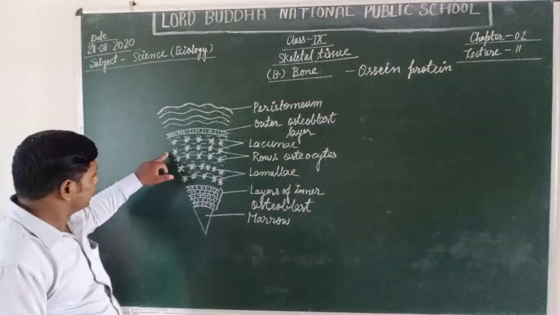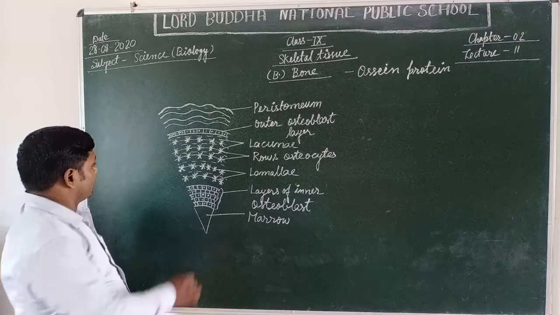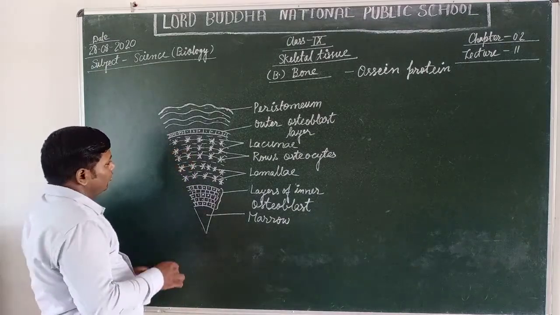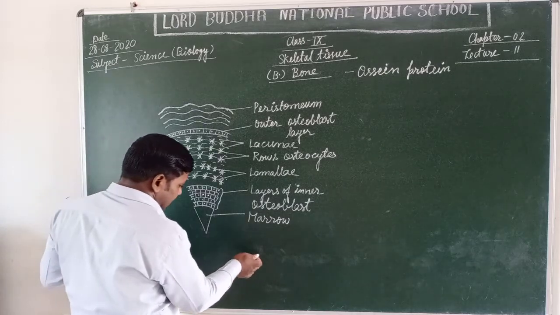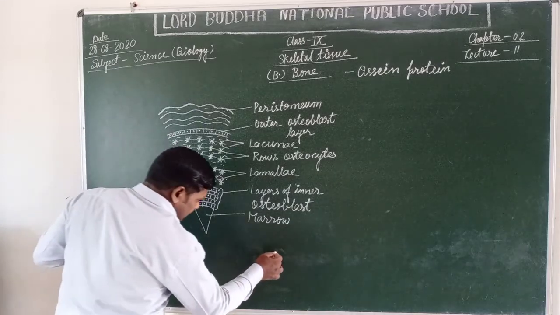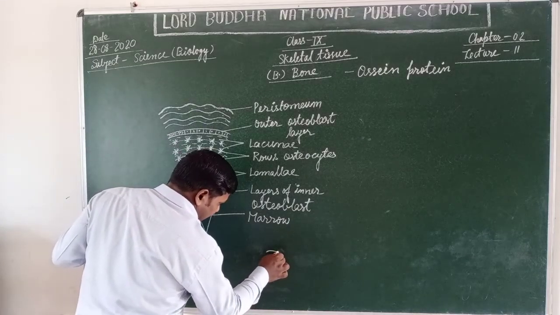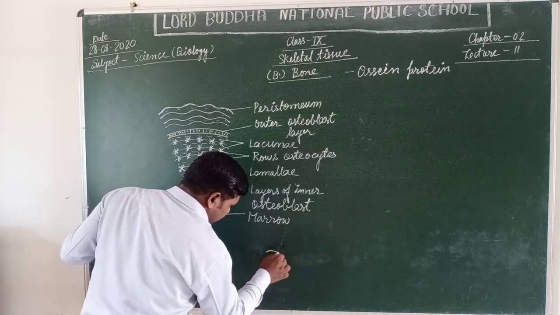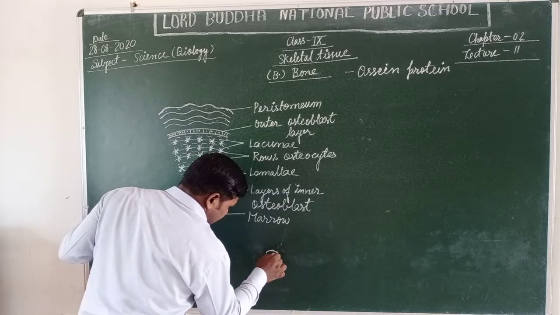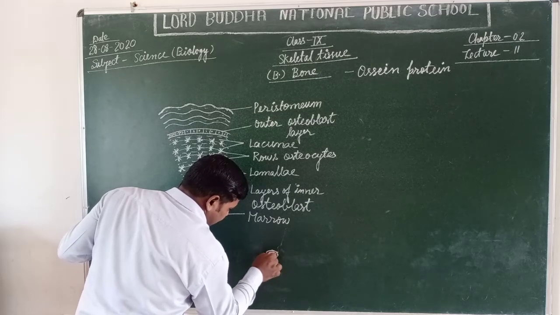And students, if we want to know how osteocyte cells appear, then here I gave a single diagram of an osteocyte. This is the central part of the osteocyte, that is the nucleus.